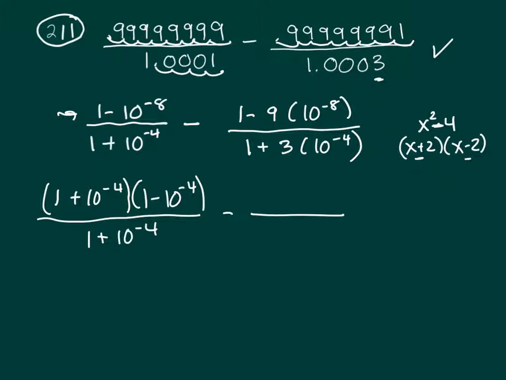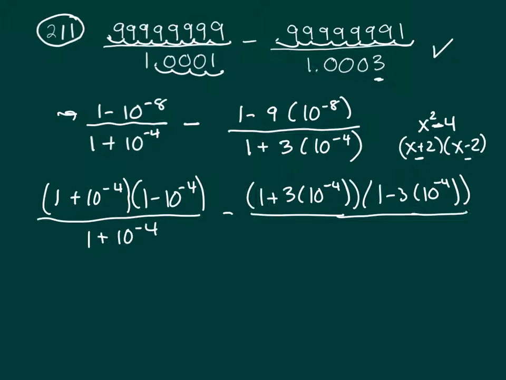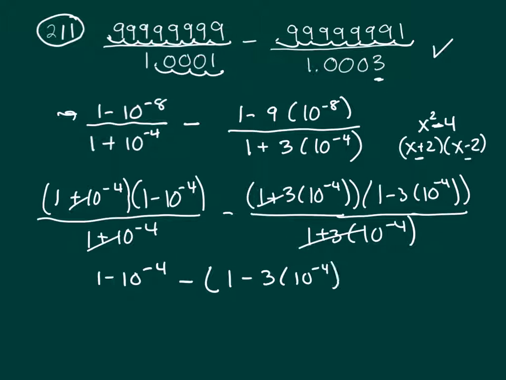This numerator, that's 1 plus 3 times 10 to the negative 4, and 1 minus 3 times 10 to the negative 4, all over 1 plus 3 times 10 to the negative 4. And this cancels with this, and this cancels with this. So I'm left with 1 minus 10 to the negative 4, minus parentheses, because you've got two terms here, a 1 and a minus 3 times 10 to the negative 4.